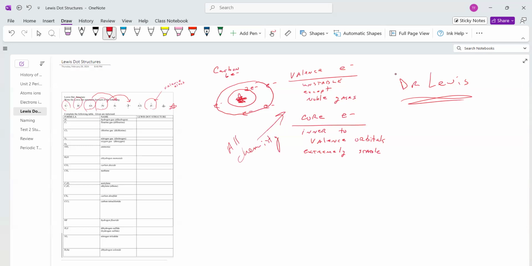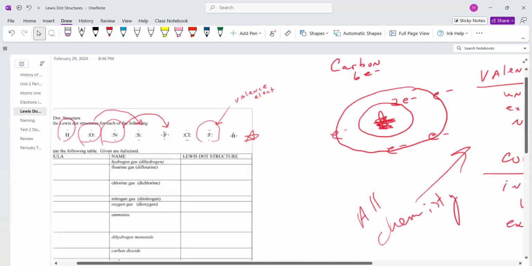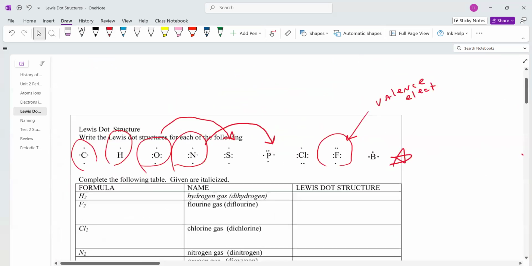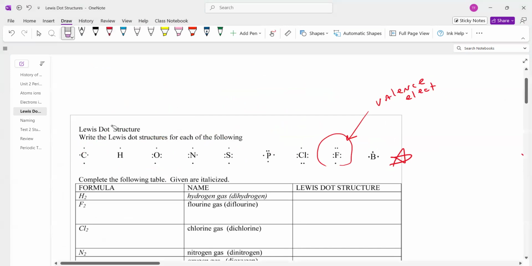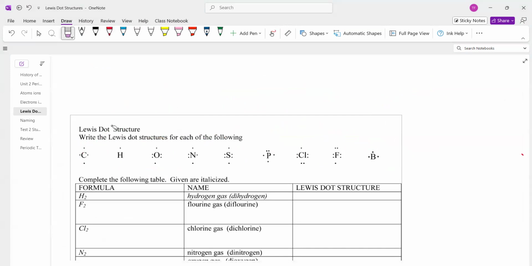So what Lewis did, he put together a chart of some of the most common atoms and their valence electrons.